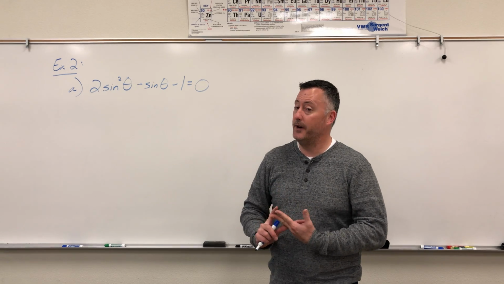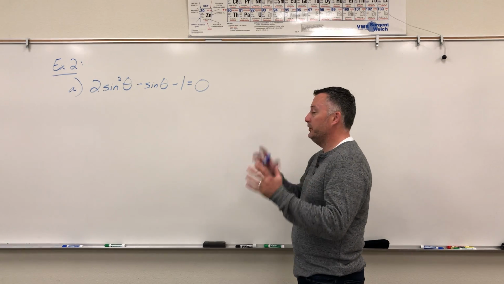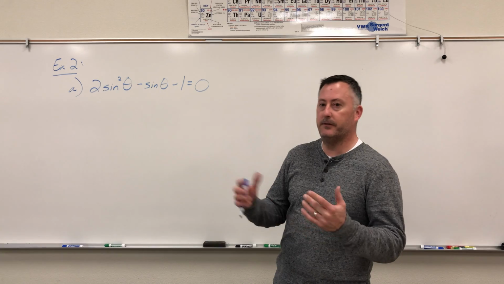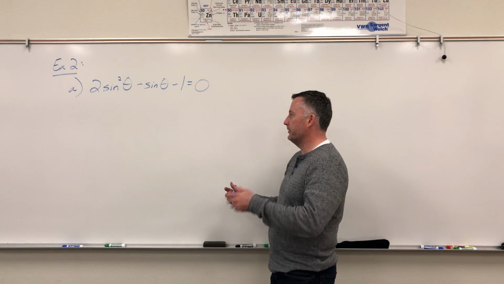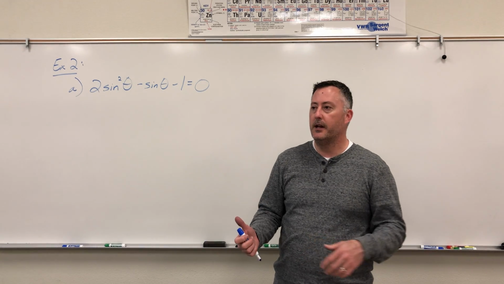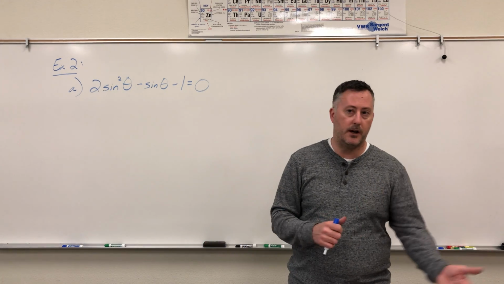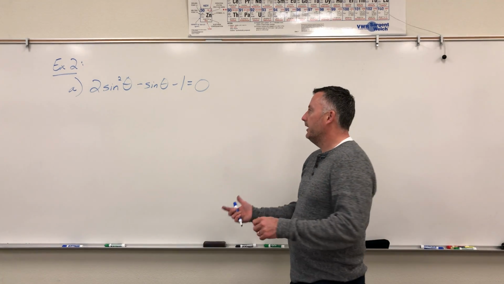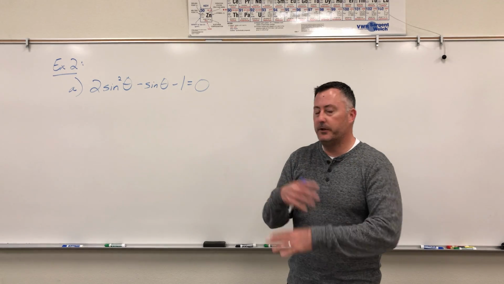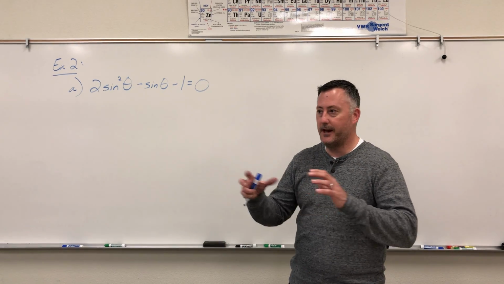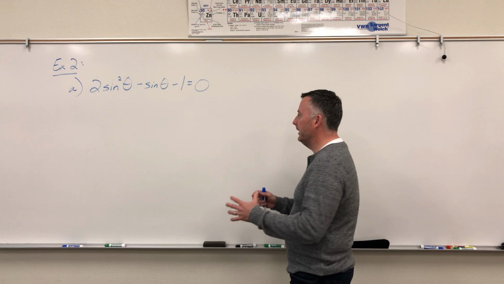It's also quadratic. So you can have combinations of types of equations mixed together: quadratics and trig equations, natural logarithms and trig equations, natural logs and quadratics, quadratics and exponential. We can have multiple types of equations all embedded into one.